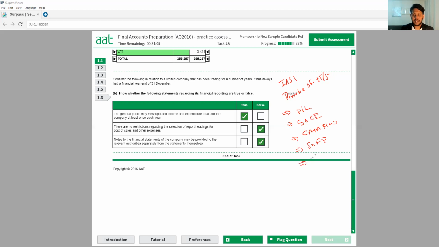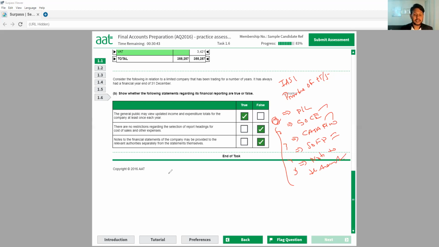And the last one is notes to the accounts. So that means 1, 2, 3, 4, and 5. So 5 parts of the financial statement. In the exam, if they ask you how many parts the financial statement has, you have to say 5.